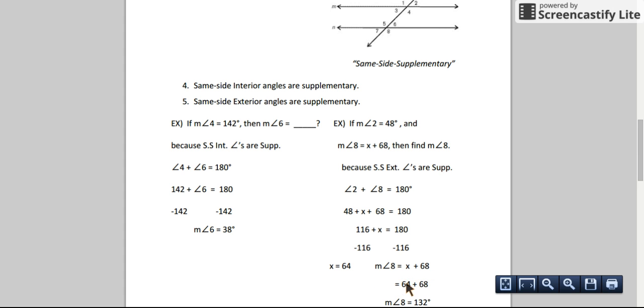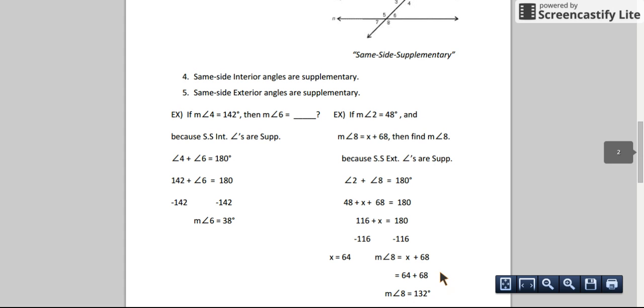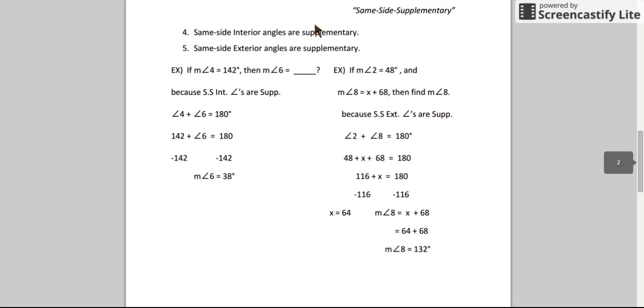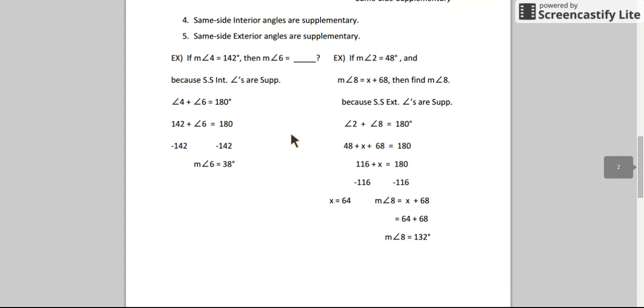Substitute the value of x. So 64 plus 68 is 132 degrees. We could then double check, make sure that angle 2 and then angle 8 add up to 180. And they do. So same side angles are supplementary, whether they're same side interior or same side exterior.